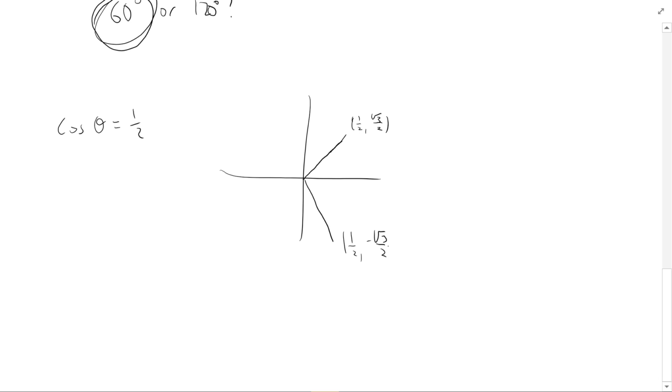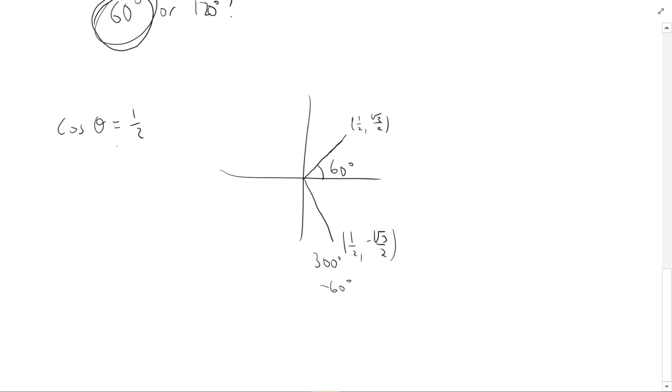So you could look at this a couple different ways. You could say, well, this angle right here is 60 degrees. This angle going all the way around is 300 degrees. Or you could say, well, that's negative 60 degrees. All of those angles satisfy that equation, cosine of theta equals 1/2.